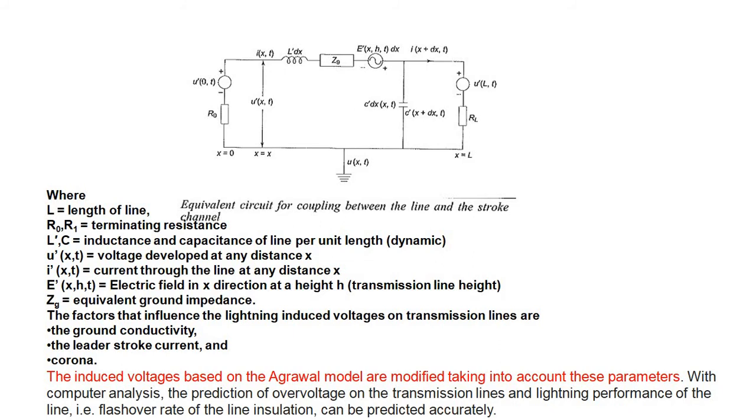The model calculation uses the equivalent circuit for coupling between the line and the stroke: input side supply voltage, then the transmission line, with capacitance effect reducing the reactance level, and then the load.